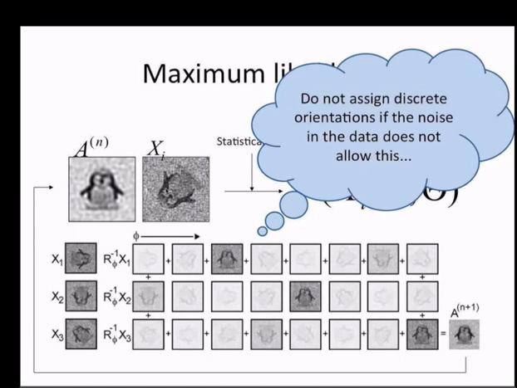If there is much more noise than signal to distinguish different orientations of the particles, then rather than saying, oh, this is the correct one, you start to assign rather similar probabilities to multiple different orientations. And that has some kind of a more conservative effect, if you like, on the convergence of the refinement algorithm, and therefore it becomes also less likely to fall into local minima.